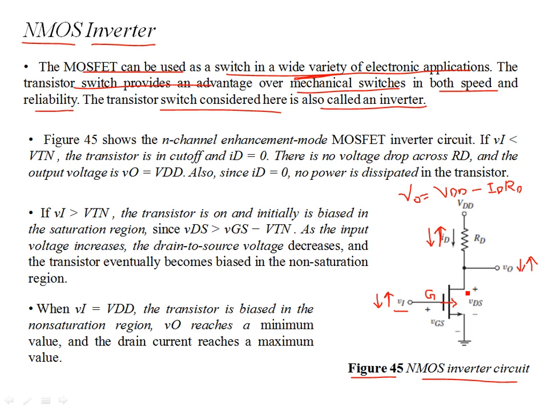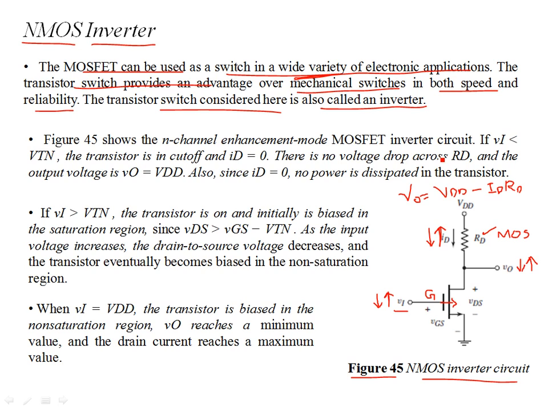The difference would be that this resistor RD would be an enhancement MOSFET load device. So instead of the resistor RD, you have another NMOS or MOSFET transistor. Everything in transistor logic is based on MOSFETs. You don't have thin film resistors or surface mounted devices.